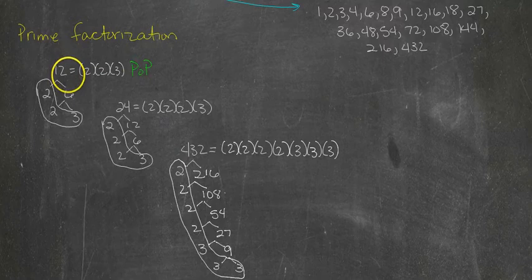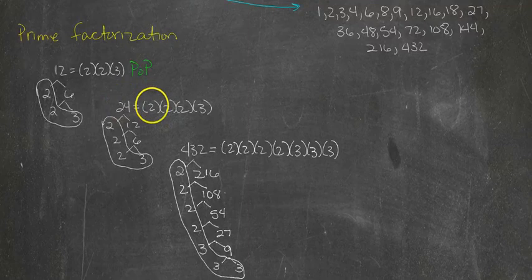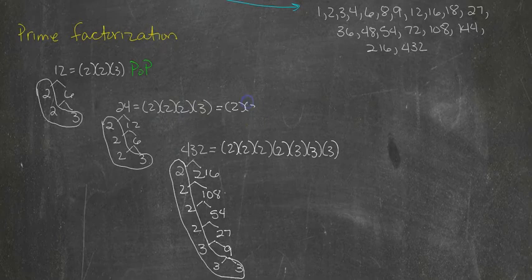If you could, we'd all go home and we'd be done. There'd be no more math. It would all be proven incorrect. Same thing here. 24 is always going to be 3 2's and a 3. They might be written in a different order, 2 times 3, and then the 2 2's afterward, but that part doesn't matter because when you multiply across, you're going to get the same number.